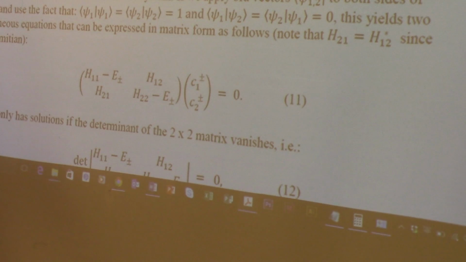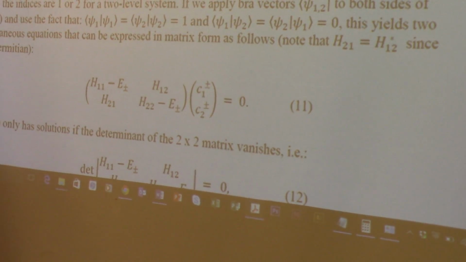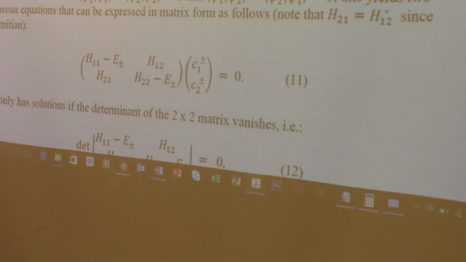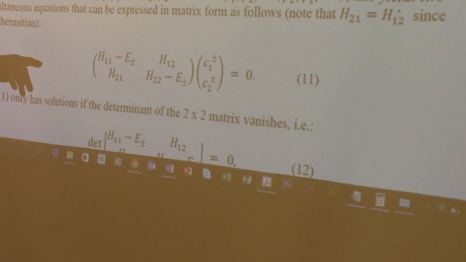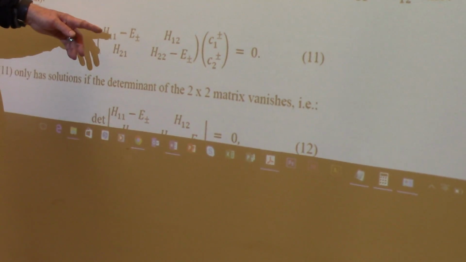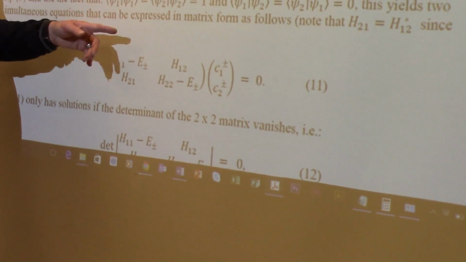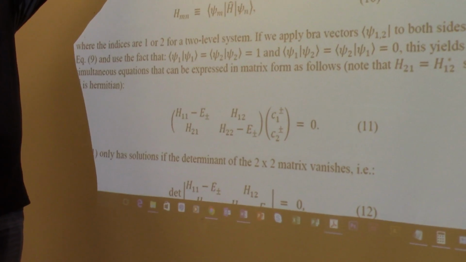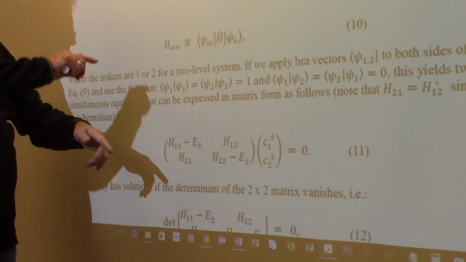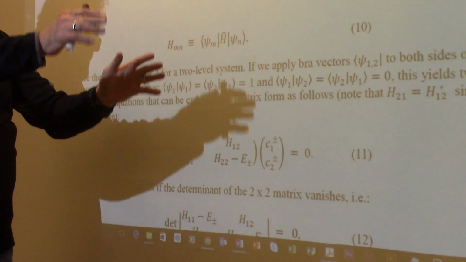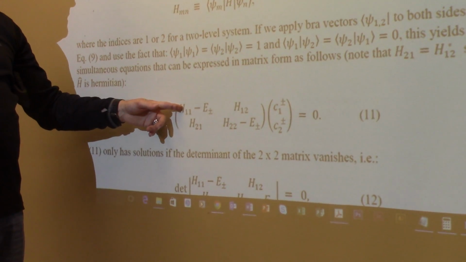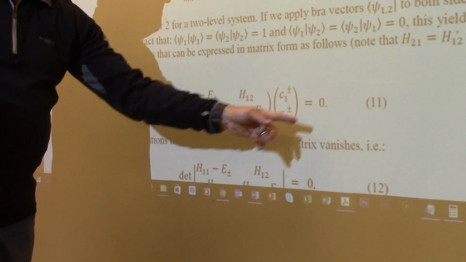In some cases where it is a perfect two-level system, this would actually be exact. And so in matrix form, the equation I obscured up here, H hat minus E times some other stuff is equal to 0, looks like this.